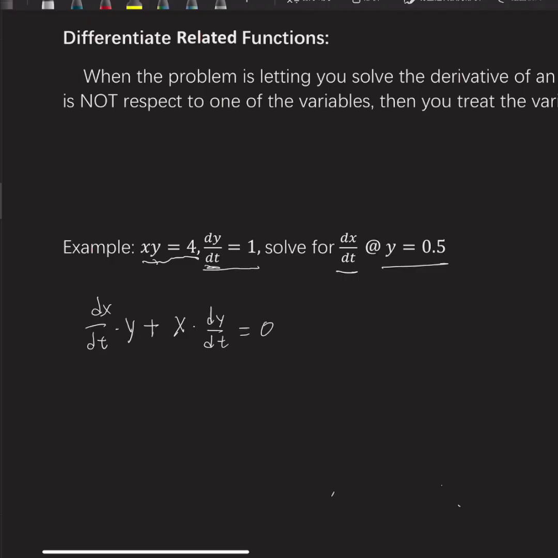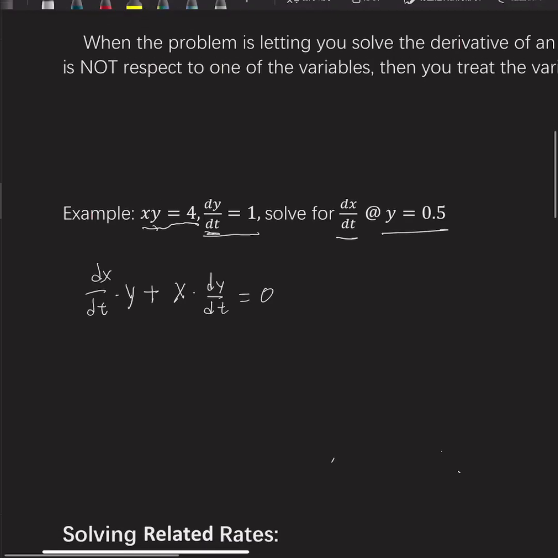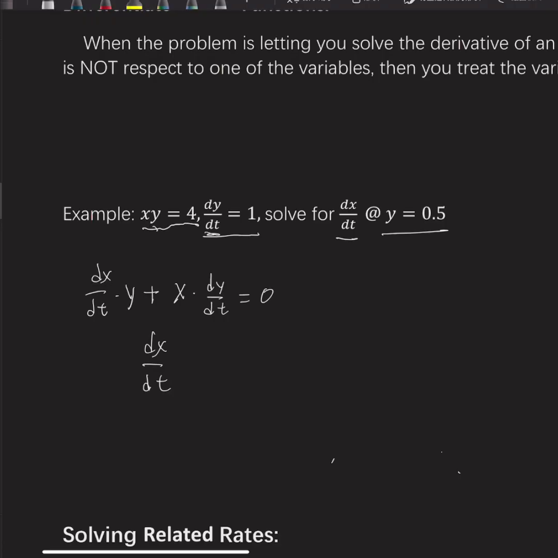We see the derivative of a constant is equal to 0. We're solving for dx/dt, so now we can isolate dx/dt on the left side. So dx/dt is equal to negative x dy/dt over y.